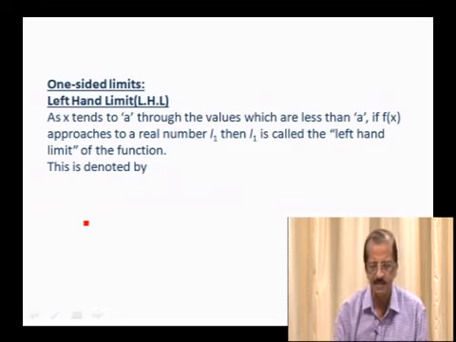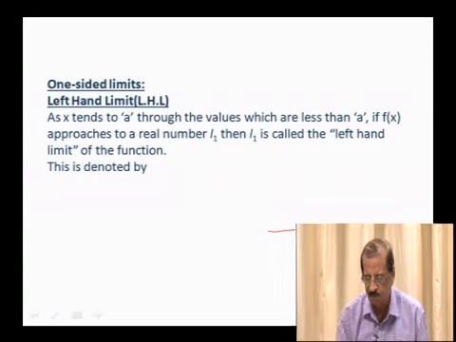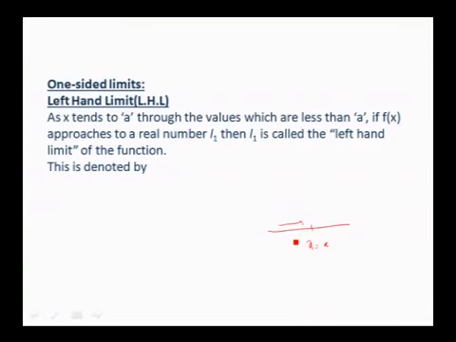One-sided limits: we have left hand and right hand limits. If you have x equals a here, and you go to a from the left, that is, values which are less than a, then we say we are considering the left hand limit. Suppose f(x) tends to L1 as x takes values very nearly equal to a from the left, then it is called the left hand limit, and it is denoted by limit of f(x) as x tends to a minus is equal to L1.